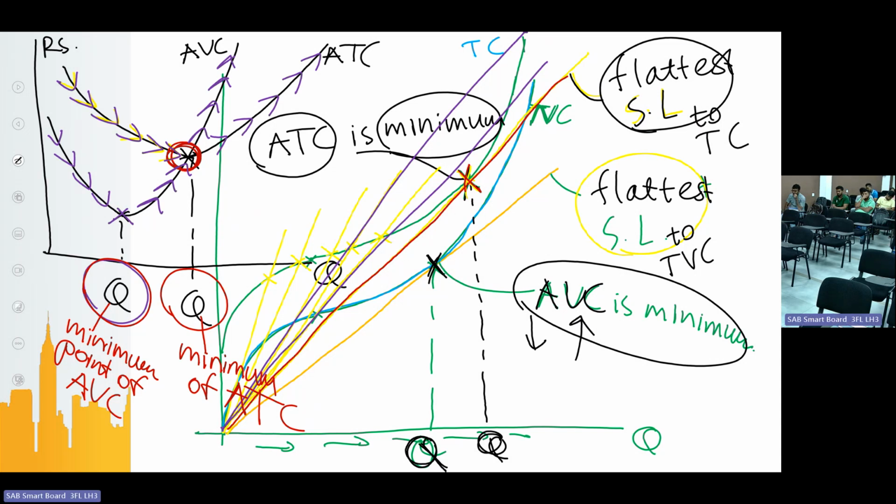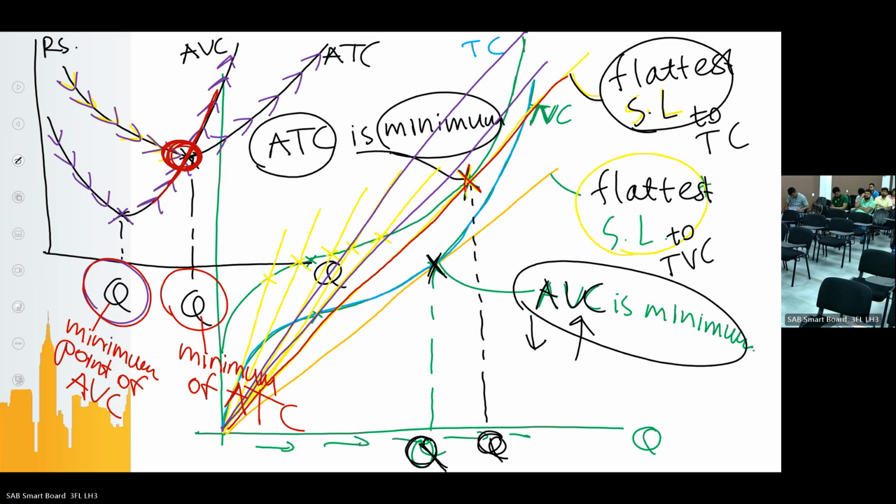And when the ATC is minimum, ABC goes through that point. ABC cuts ATC at the minimum point of ATC.